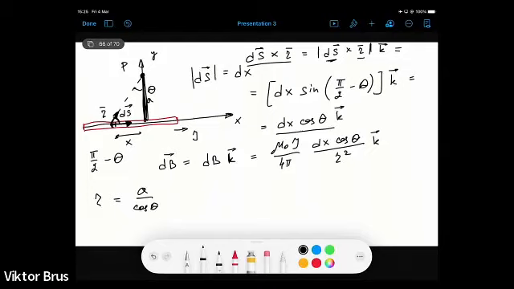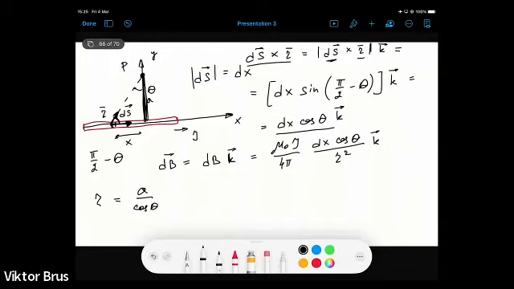So we know this angle theta, and we can represent the distance r in terms of theta and a, the y coordinate of this point P.